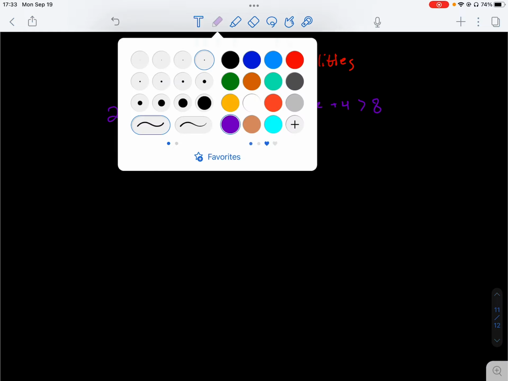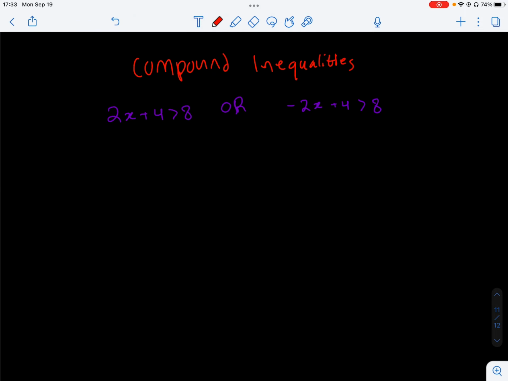Now, of course, these look deceptively similar. However, if we solve them through, we see that we have 2x is greater than 4, and so x is greater than 2. And then here, on this inequality, we'd have negative 2x is greater than 4. However, we'd have x is less than negative 2. Again, remember the symbol will swap when we divide by a negative, here we divide by negative 2.